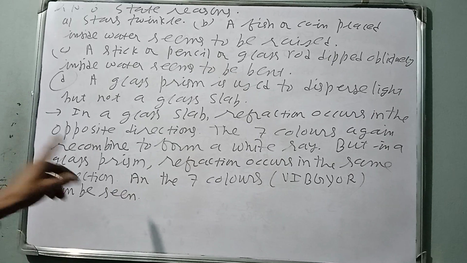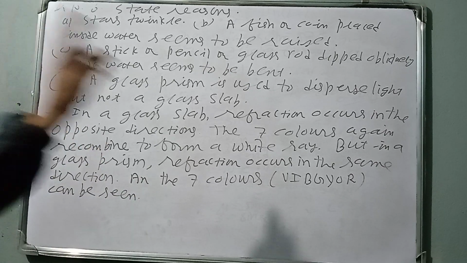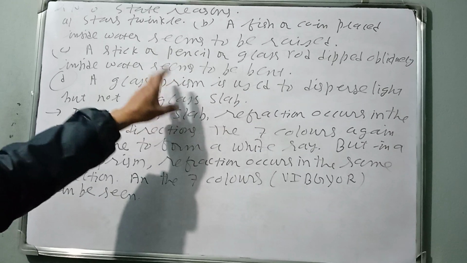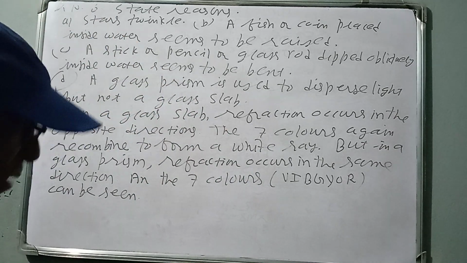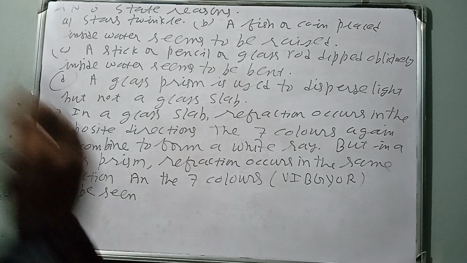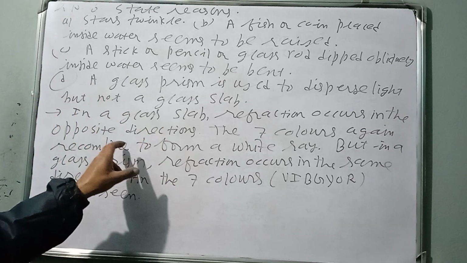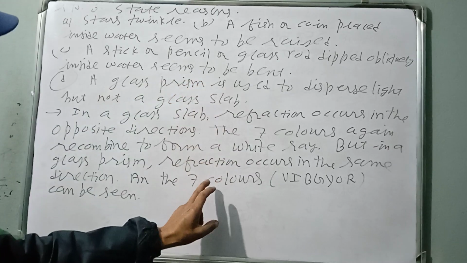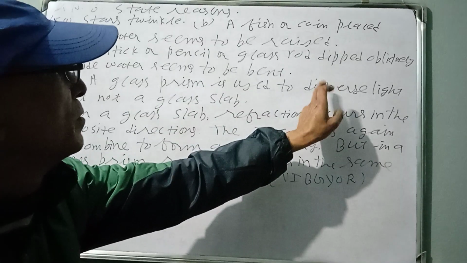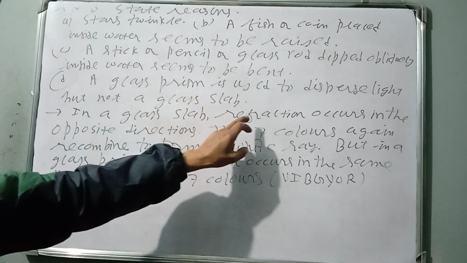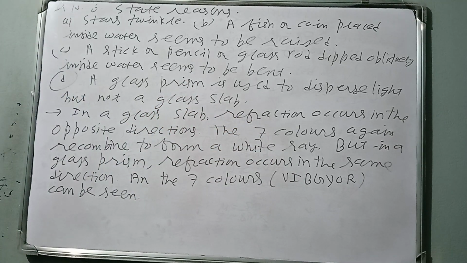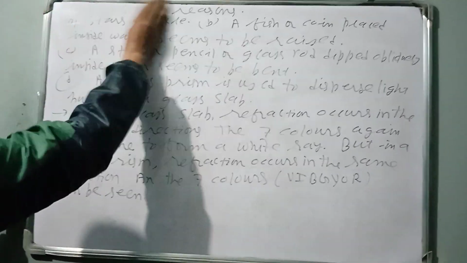So, a glass prism is useful for the dispersion of light, whereas a glass slab is useful for the refraction of light. One difference is that a glass prism is used for the dispersion of light, but a glass slab is used for the refraction of light. There is one difference.